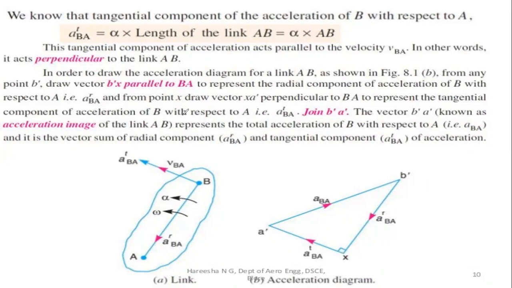From point x, draw vector x a dash perpendicular to BA. So this a dash x is drawn perpendicular to the line AB.